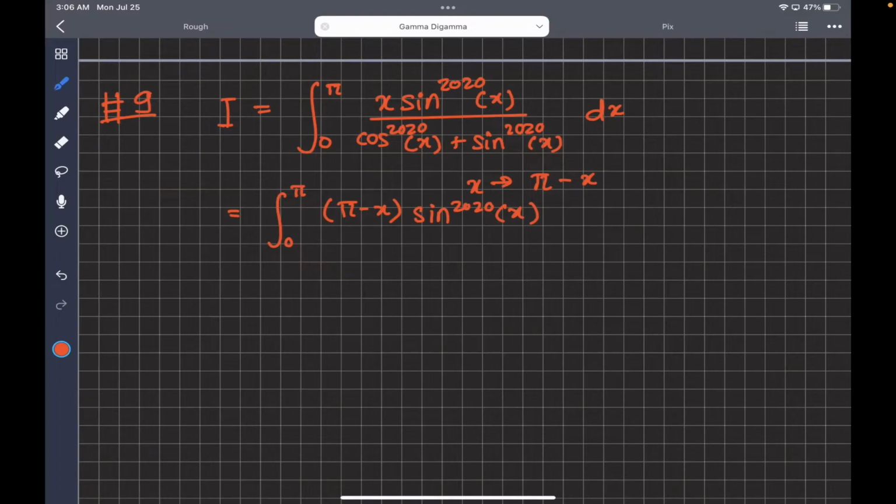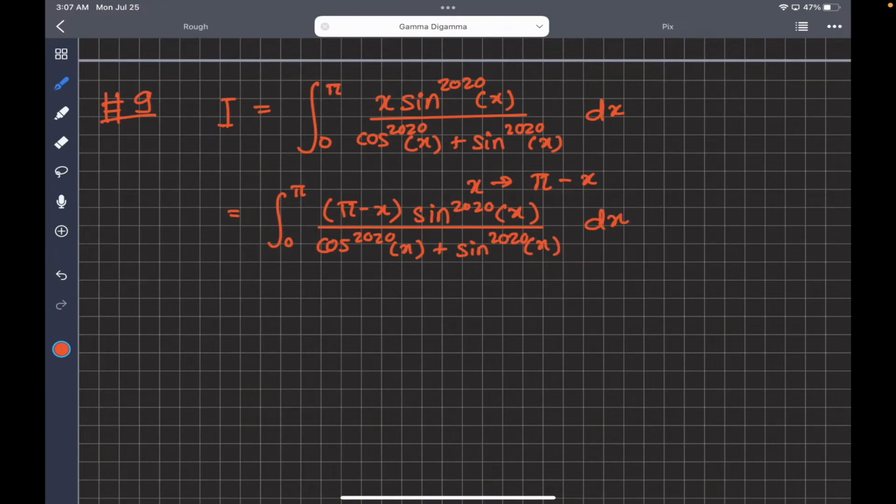Sine of pi minus x is sine x, so that doesn't really matter. Sine stays the same. Well, the cos will actually become a negative. Cos of pi minus x is negative cos x, but that doesn't matter because 2020 is an even power. You're still going to have cos 2020 of x plus sine 2020 of x dx.